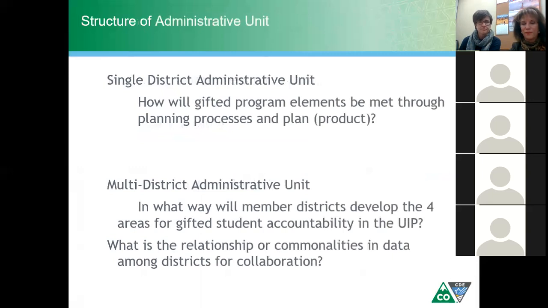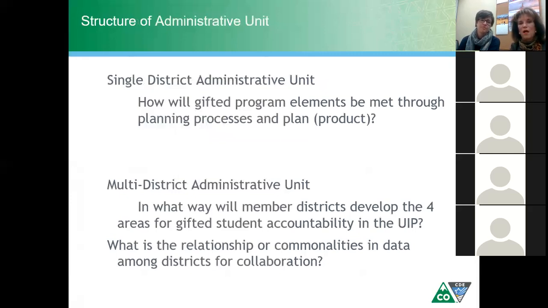Now, we want to be respectful again of the district structure of the administrative unit, because in gifted, under ECEA, both special ed and gifted education typically operate with the administrative unit. However, as we know, UIP is a requirement of districts and schools.